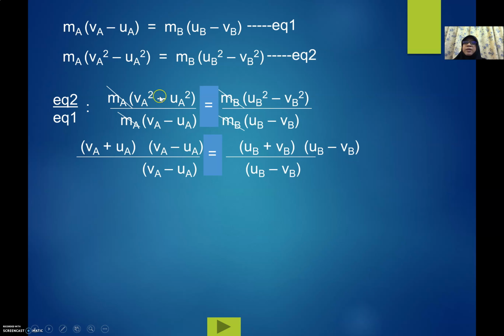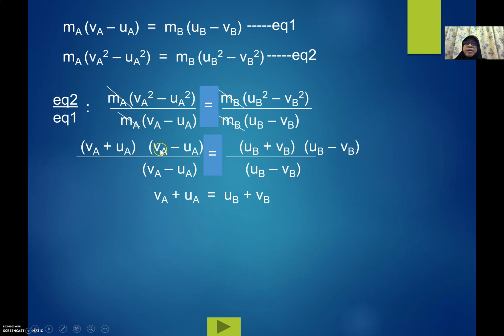And then we factorize VA squared minus UA squared, so it becomes VA plus UA times VA minus UA. We do the same for UB squared minus VB squared, which expands to UB plus VB times UB minus VB.